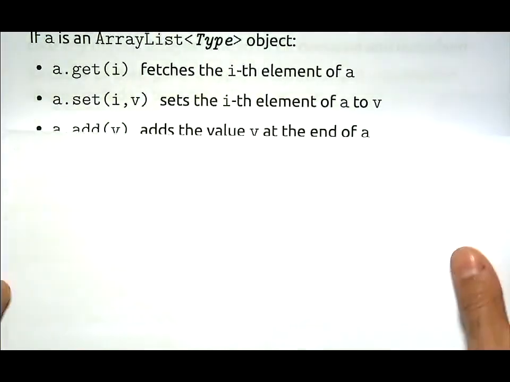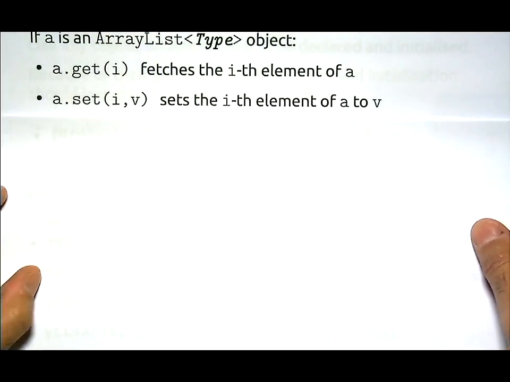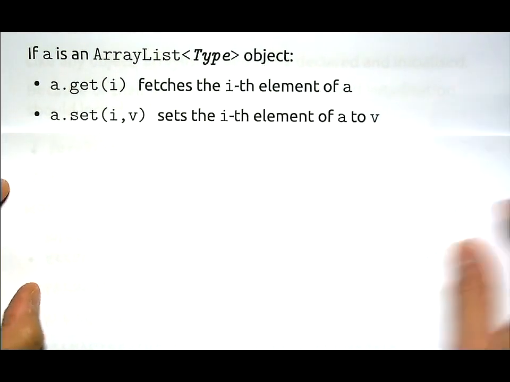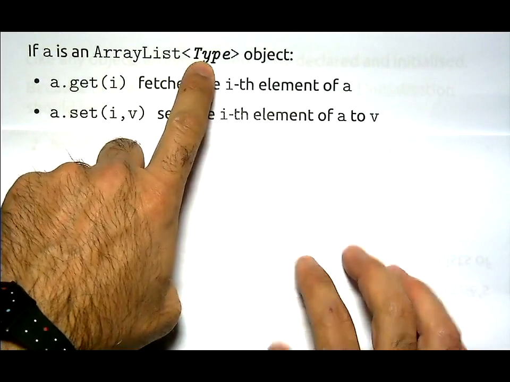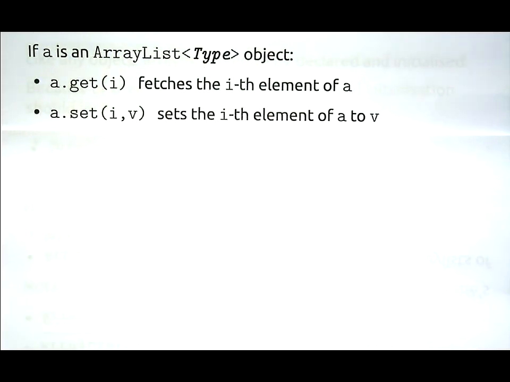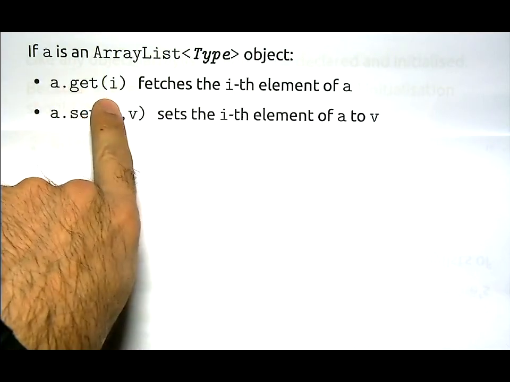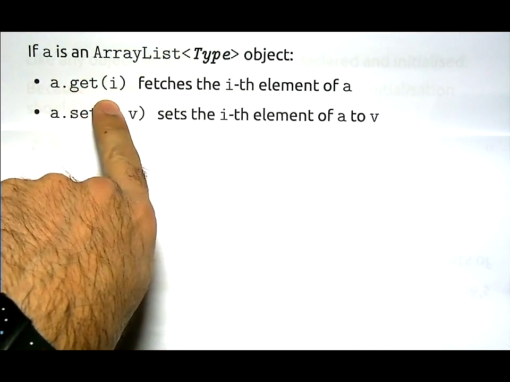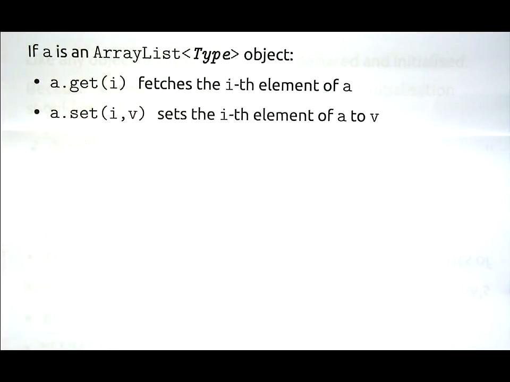And what methods can we use on an array list? Let A be an array list of some type, so it's an object type, which can be Integer or String or Boolean. Then get(i) fetches the ith element of your array list. So you can think of array lists like arrays, but where you can call more methods.